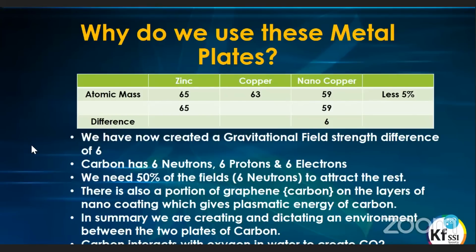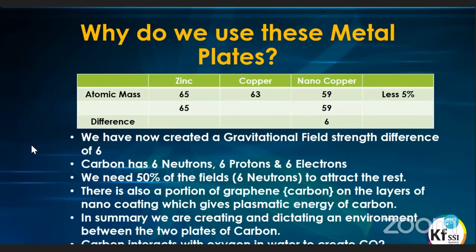But when we nano layer the copper plate, we reduce that by less than 5%, so we reduce that to around 59. So the difference between the zinc plate and your nano layered copper is 6. So what we have done is create a gravitational field strength difference of 6.